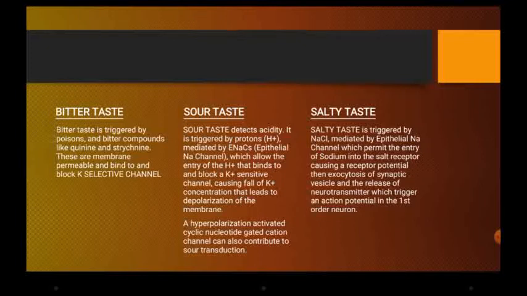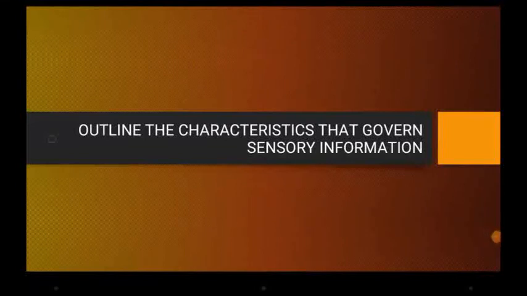From there, the second order neurons ascend in the ipsilateral medial lemniscus and project to the thalamus. That's where the third order neurons will pass to the ipsilateral cortex, where perception of taste actually occurs.